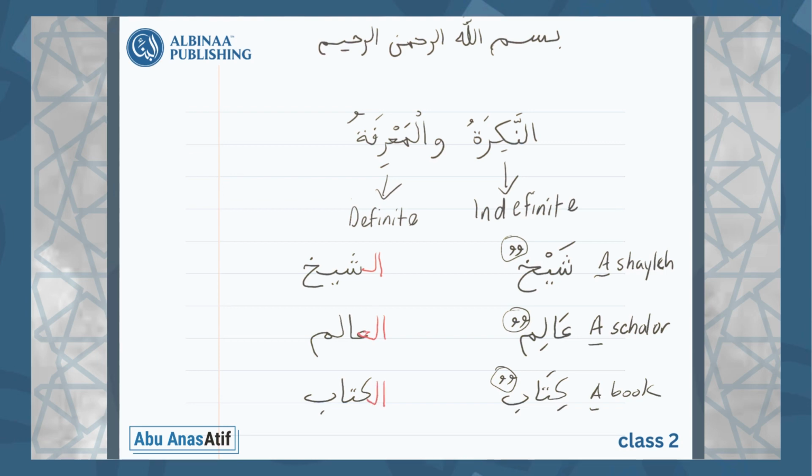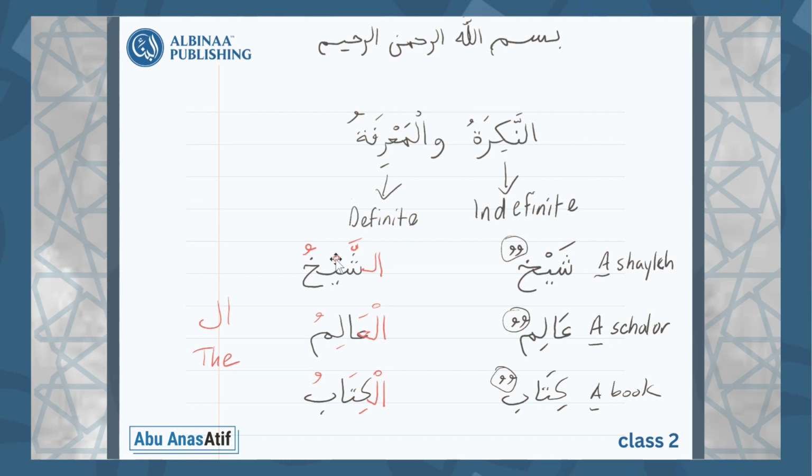And this definite article, al, we can say it means "the." So when I add this al to shaykhun, it becomes ash-shaykhu. If I add this al to alimun, it becomes al-alimu. If I add this al to the word kitab, it becomes al-kitabu.